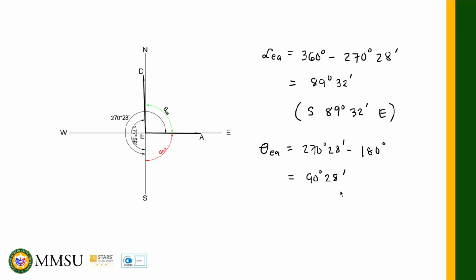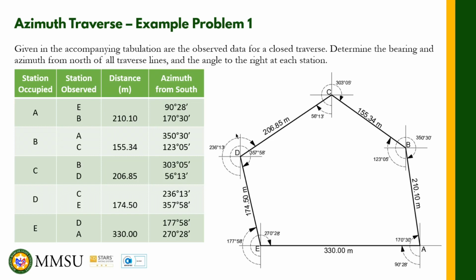But the problem also asks us to solve for the angles to the right of each station. Basically, if we go back to our figure here, our traverse is counterclockwise, right? So our angles to the right are basically the interior angles.